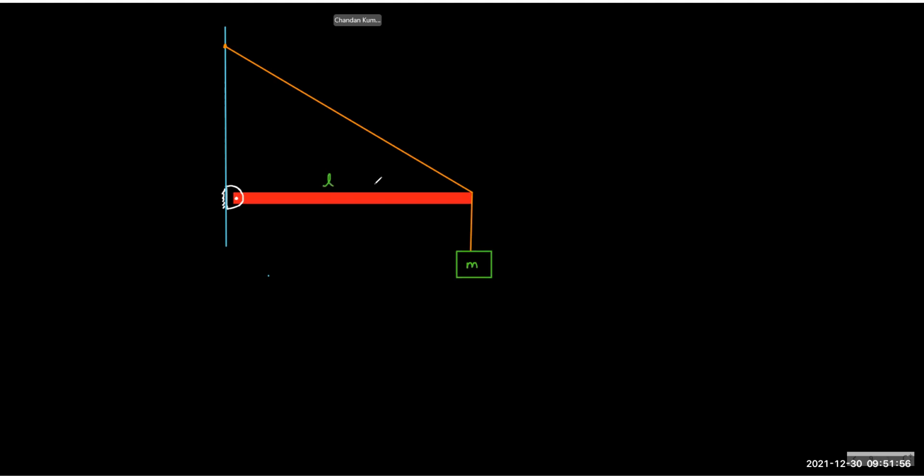This is L length. So the question is, what is the tension in the string? And here we have friction. There only it is fixed, else it will slip. So this point will have a friction, and that's why it will be a wrong assumption to assume the same tension here and here.